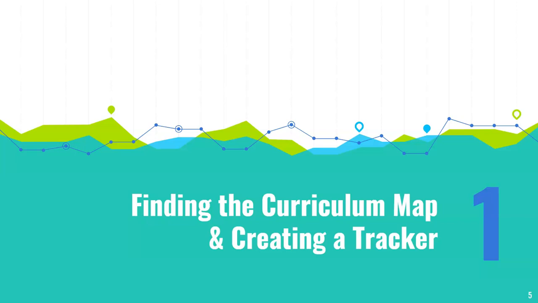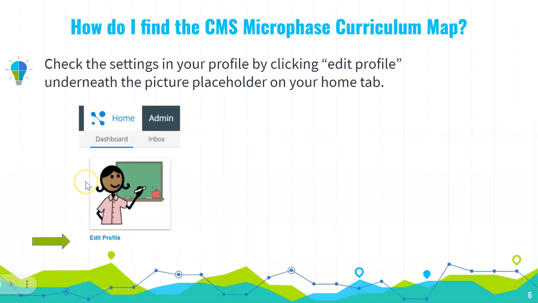If you have already created a tracker from a district curriculum map, you may be familiar with this process. I am going to explain the process in detail for those of you who still need additional support. First, you want to make sure the settings in your profile are correct. You can do that from your homepage.